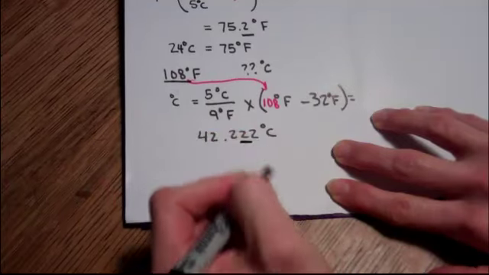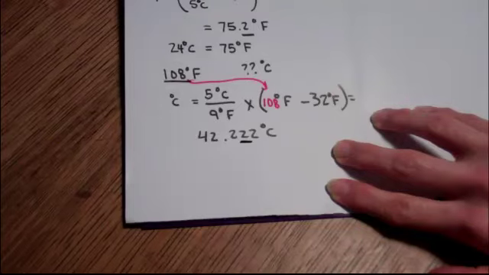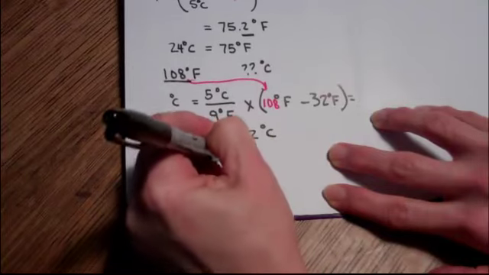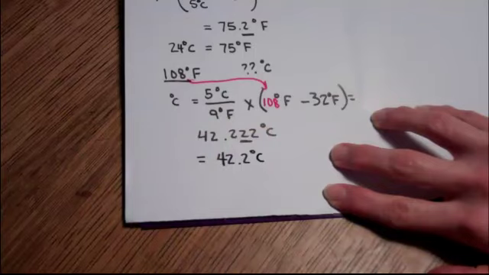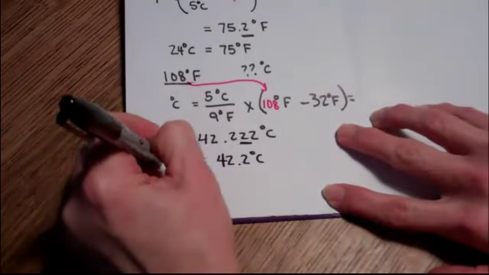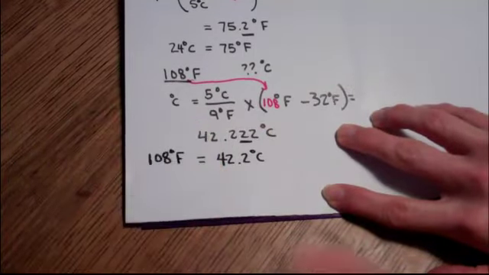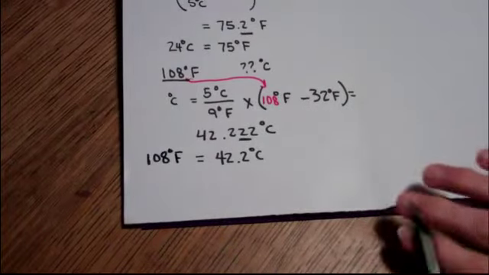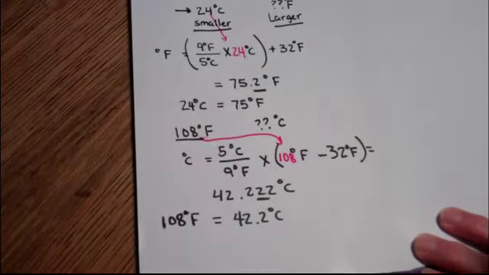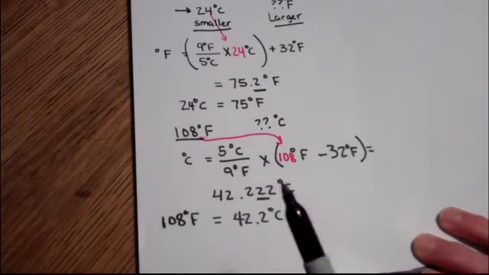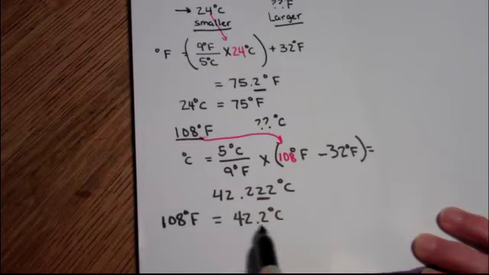At this position here, that's a 2, so that's less than 4, so we're going to round down. So our final answer should be 42.2 degrees Celsius. This is equivalent to 108 degrees Fahrenheit. We also can do our check again. We know that the Celsius degrees should be smaller, our Fahrenheit degrees are larger, and this is equivalent in our equation here, and so we have the correct answer.